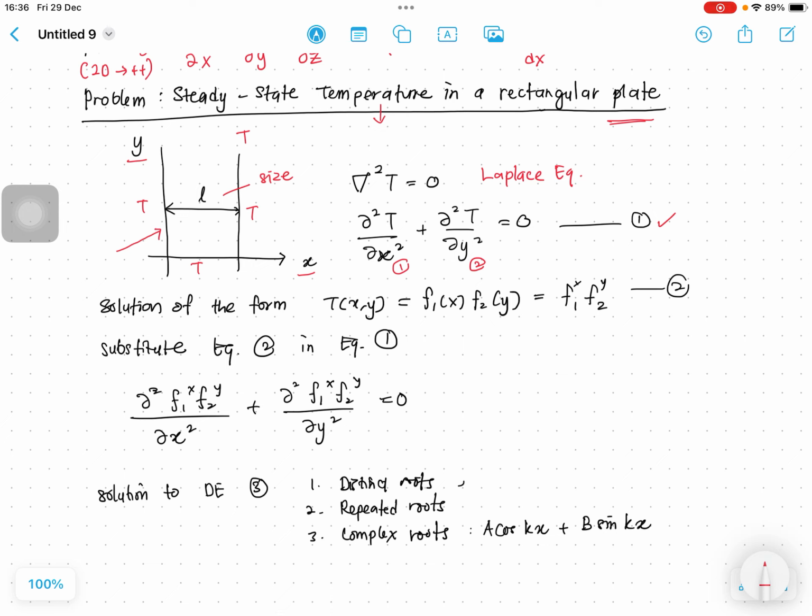So here is the solution in 2D, but as I mentioned in our class, this is actually equivalent to a multiplication of two one-dimensional functions, one with respect to x and another one with respect to y. I denote this as f1(x) and f2(y). So I drop this part and use this notation.